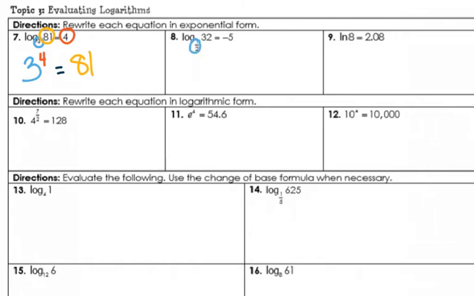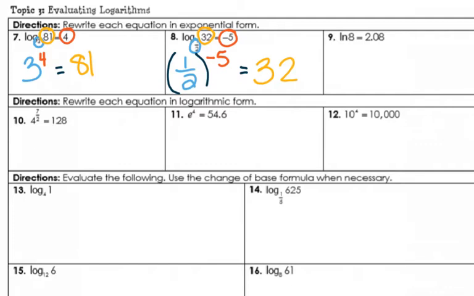Next one the same way. The base of the log, which is 1/2. Negative 5 becomes my exponent, and 32 becomes my answer. Alright, this last one's a little different, because remember, in order to get rid of an ln, you would do an e.